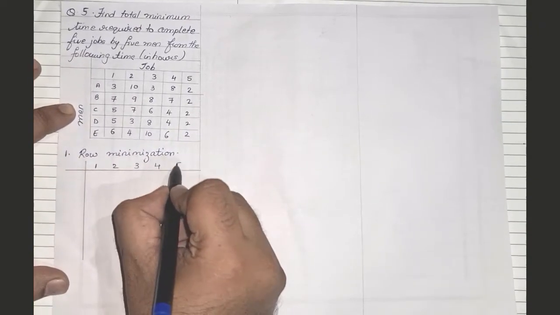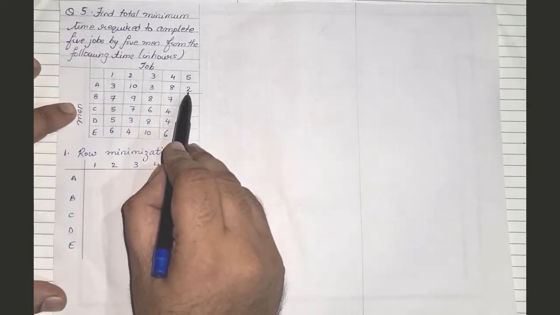Now for the jobs we have job 1, 2, 3, 4 and 5, and for men we have A, B, C, D and E. In order to get the values of row minimization, the rule is we'll have to pick up each row.